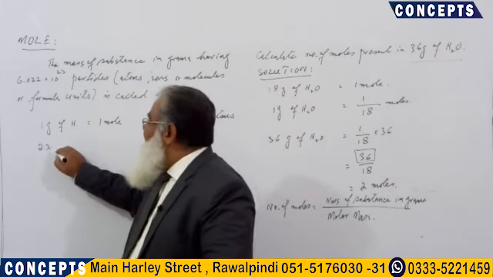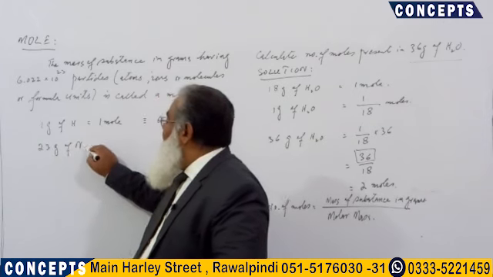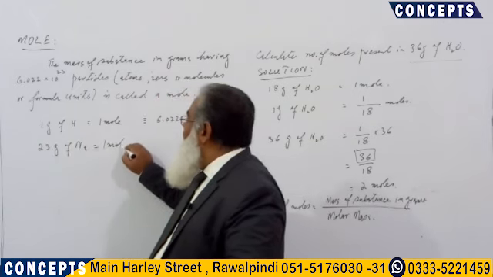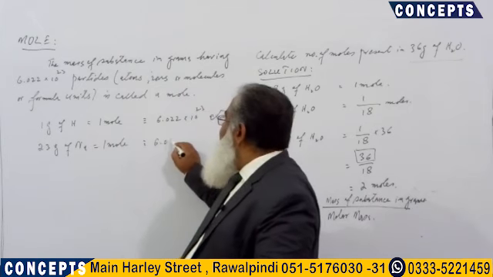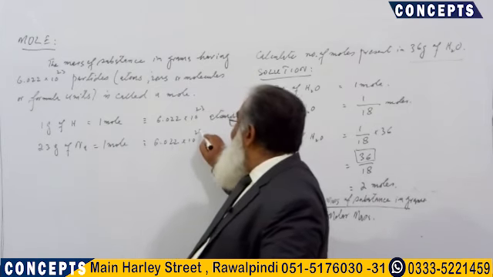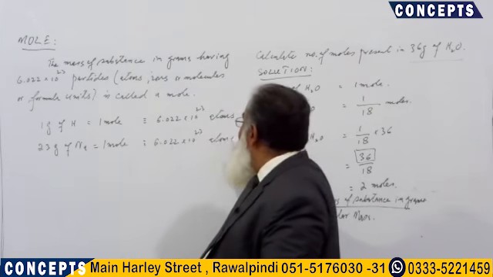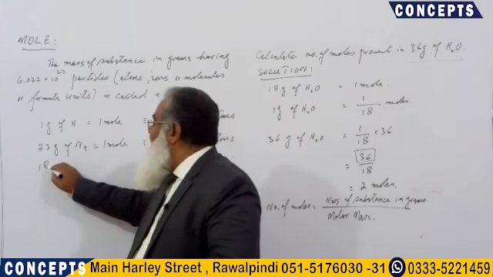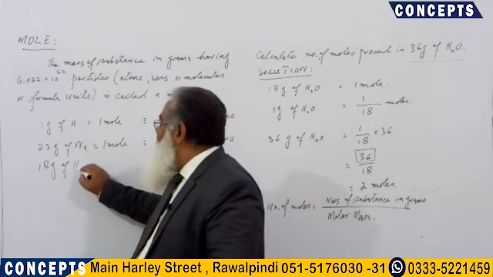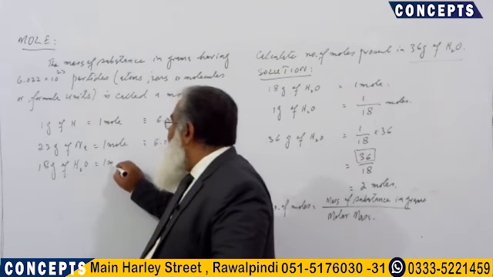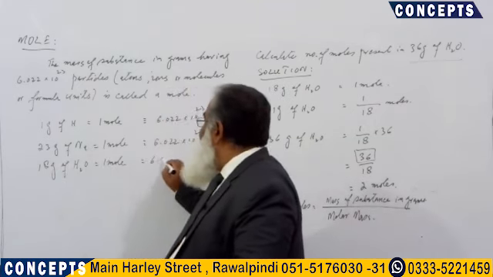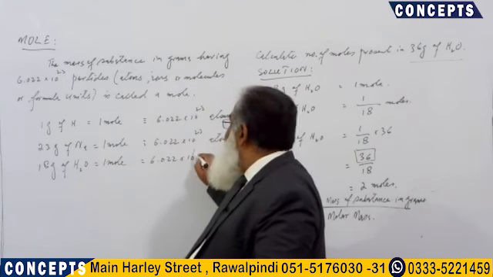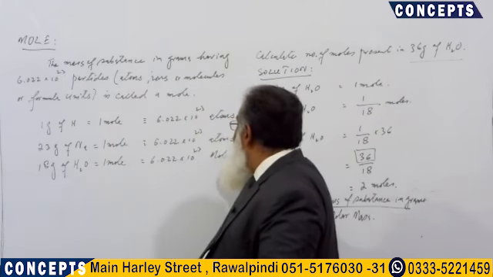Similarly, 23 grams of sodium is also equal to 1 mole and will have 6.022 × 10 raised to power 23 atoms. And 18 grams of water, also equal to 1 mole, will have Avogadro's number of molecules.